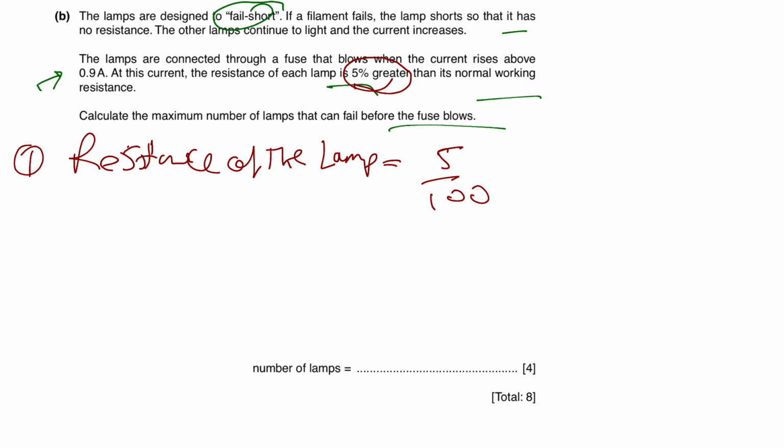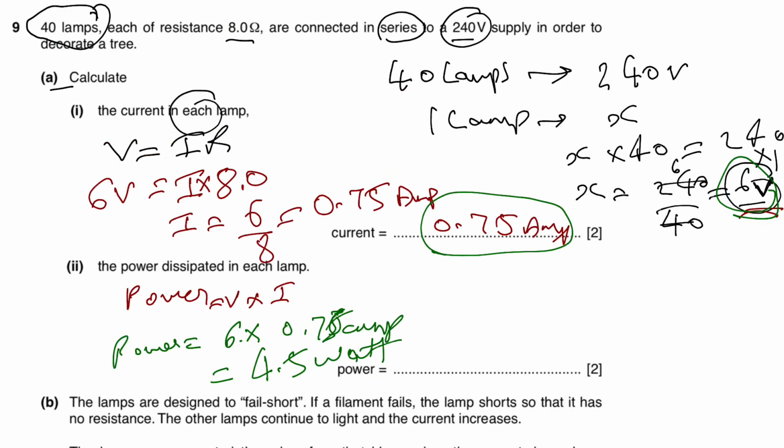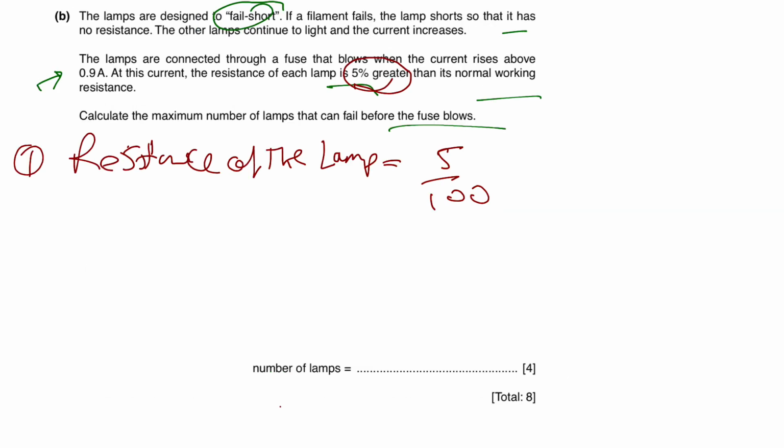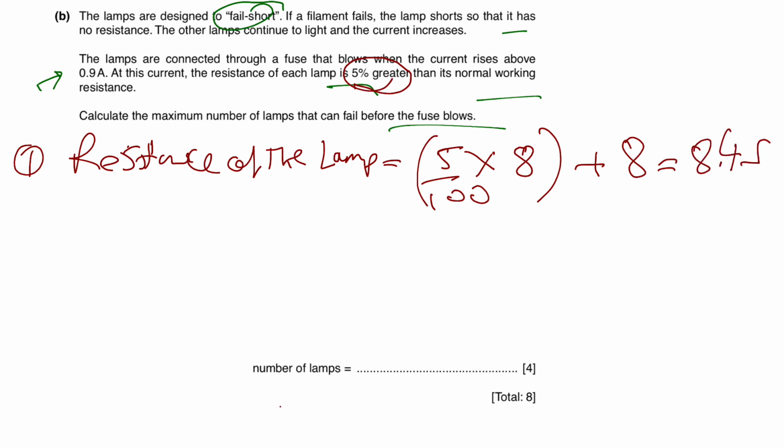The normal working resistance in the question is 8 ohms. So 5 upon 100 into 8, plus 8, will come as 8.4 ohms. So the resistance of the lamp we found out.